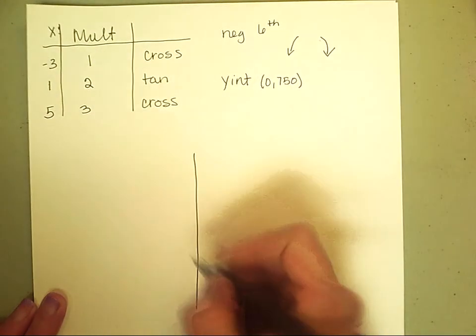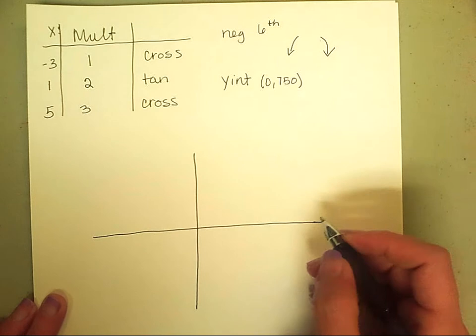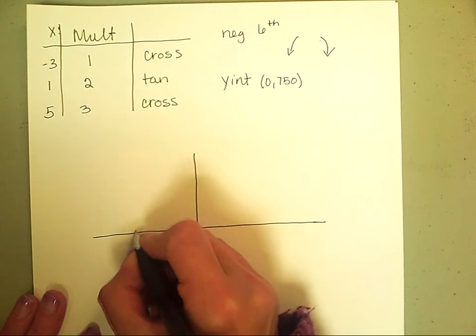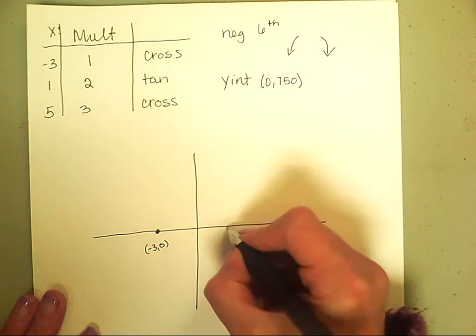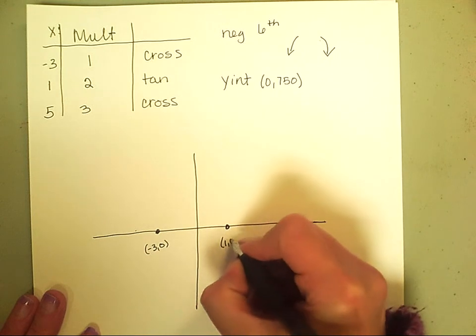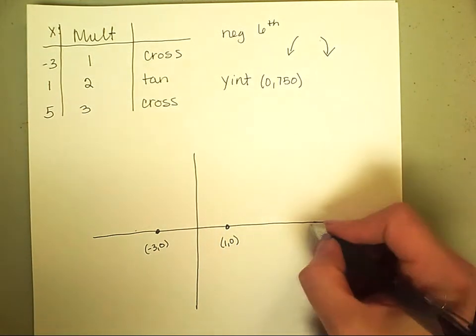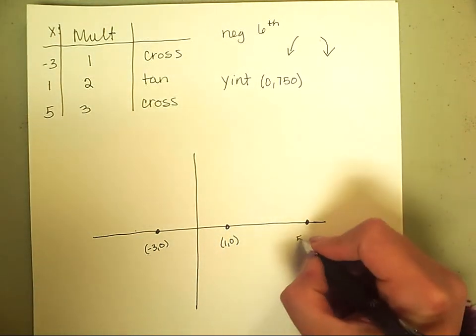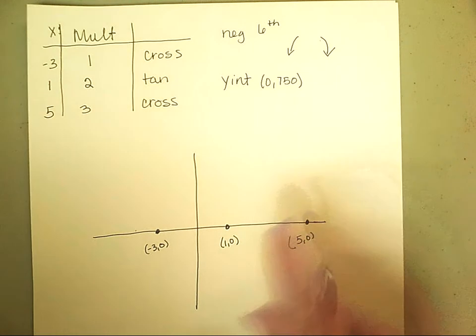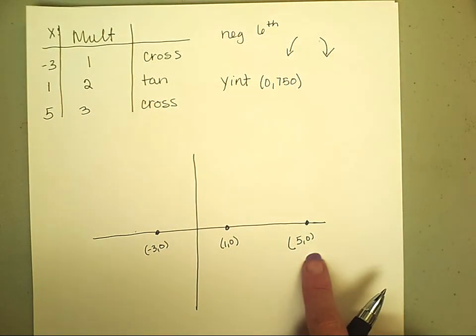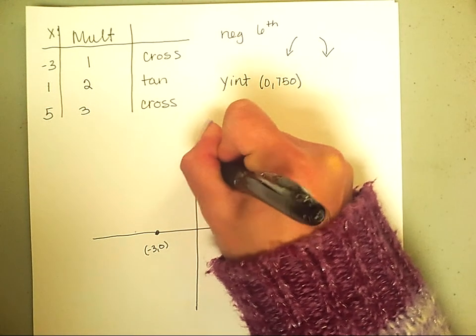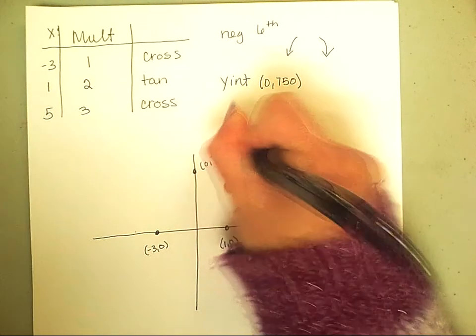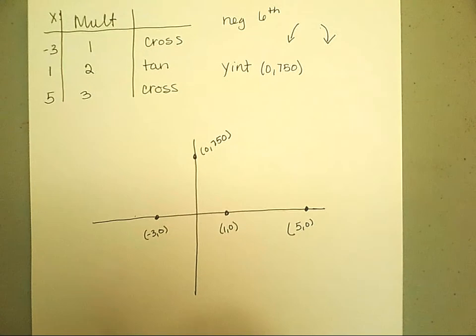Okay. Now, we're just going to sketch this. So let's try and put it all together. So negative 3, we'll say is here. This is negative 3, 0. Don't hash these things out, just go ahead and label them to make it true. Okay. 5, 0. So these are our x-intercepts. And we can label this to make it true. Let's call this 0, 750.